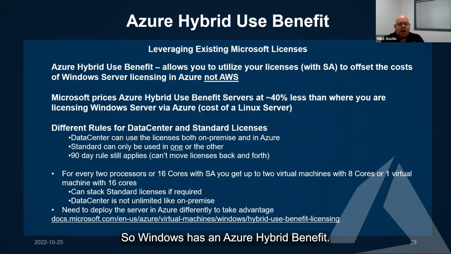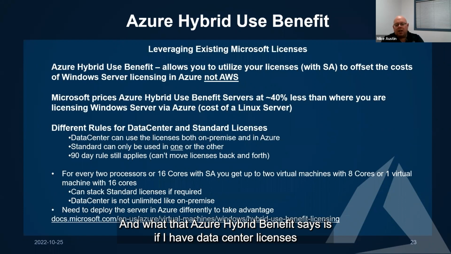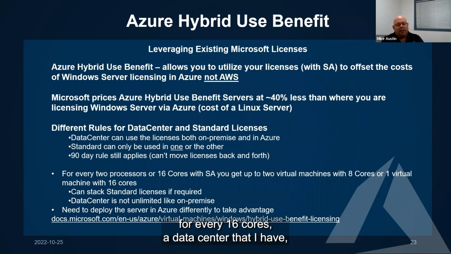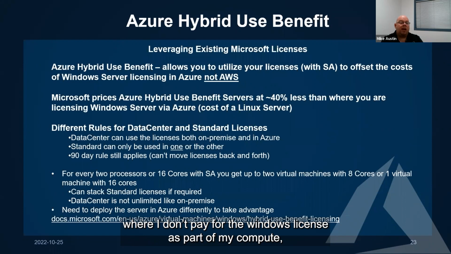So Windows has an Azure Hybrid Benefit. And what that Azure Hybrid Benefit says is if I have Datacenter licenses, for every 16 cores of Datacenter that I have, I can have 2 VMs of 8 cores or less in Azure where I don't pay for the Windows license as part of my compute.